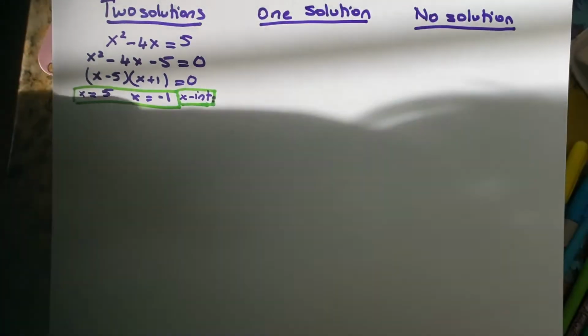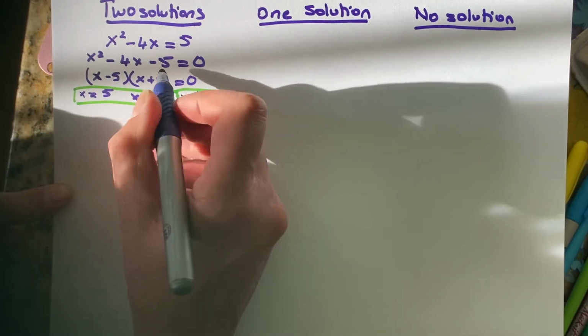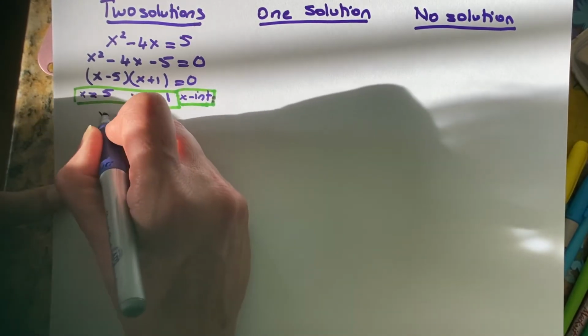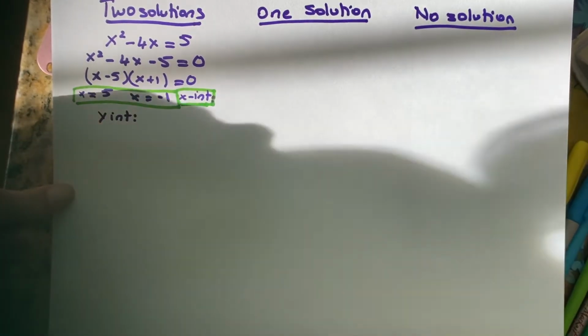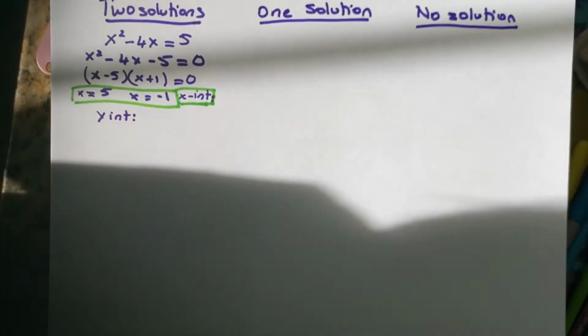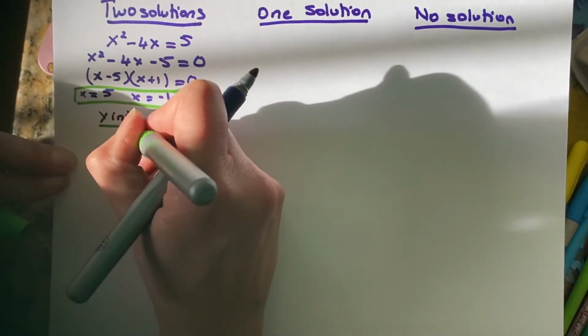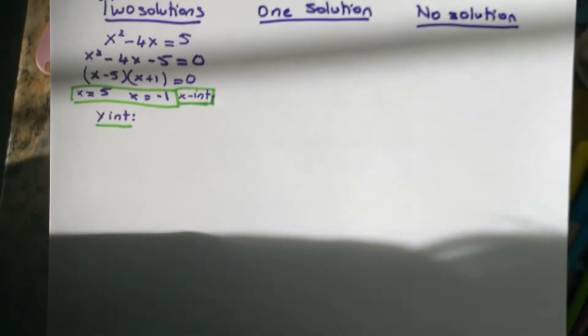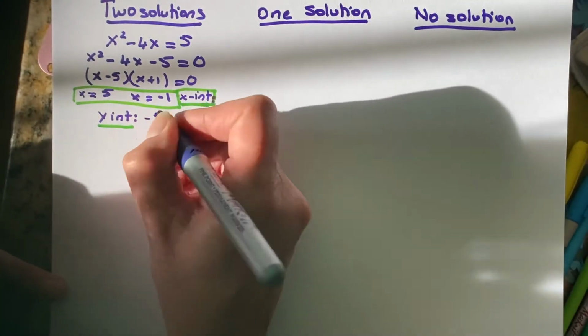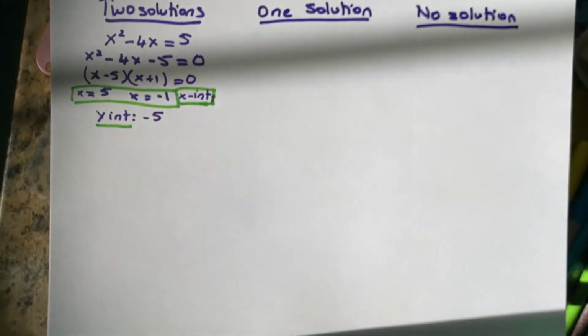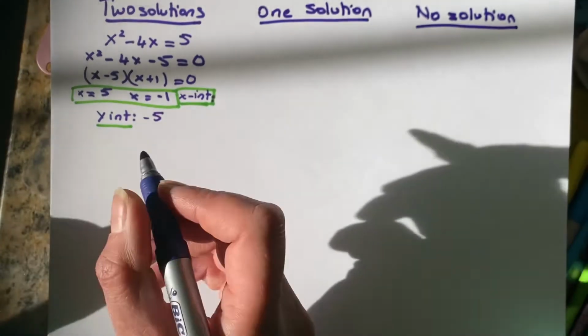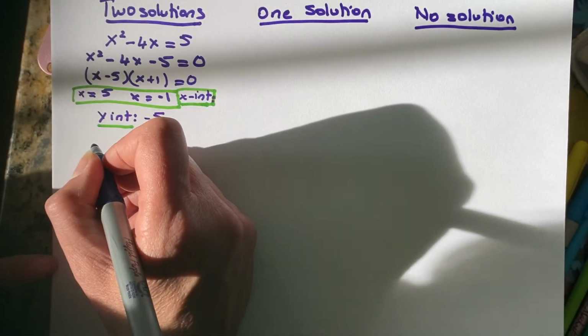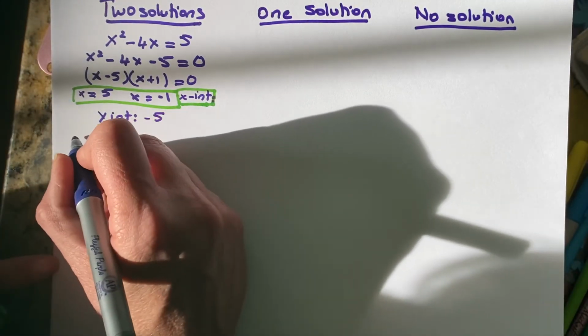What's the next thing I can come up with? Well, let's look at the y-intercept, and that's a nice one, right? Y-intercept. And that is a negative 5. Okay, now that I've done that, let me look at my axis of symmetry. Well, there's 2 ways I could get my axis of symmetry.